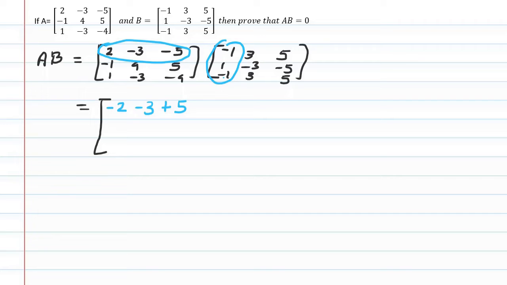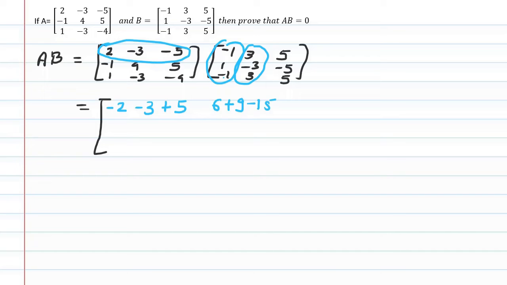Then I will multiply the first row with the second column, first element with first element: 2 multiplied with 3, 2 3s are 6. Then -3 multiplied with -3, minus minus plus, so it will be plus 9, and -5 multiplied with 3 will give me -15.